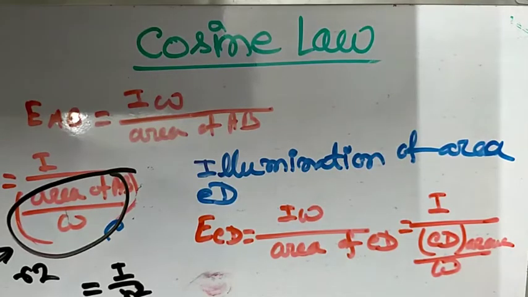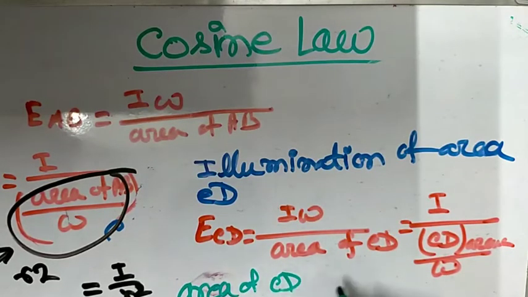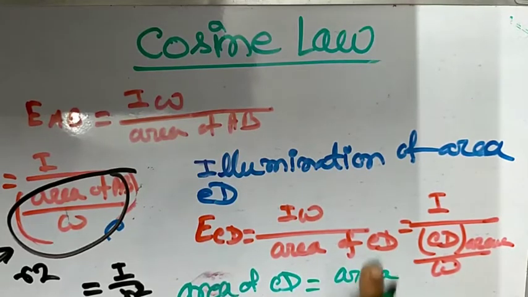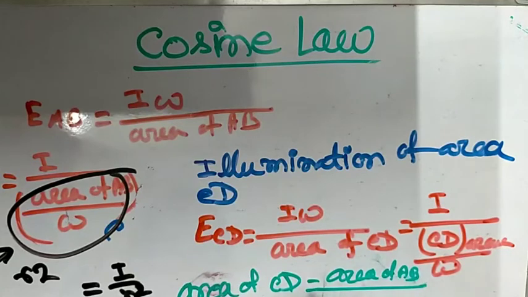Area of CD is equal to area of AB by cos theta.